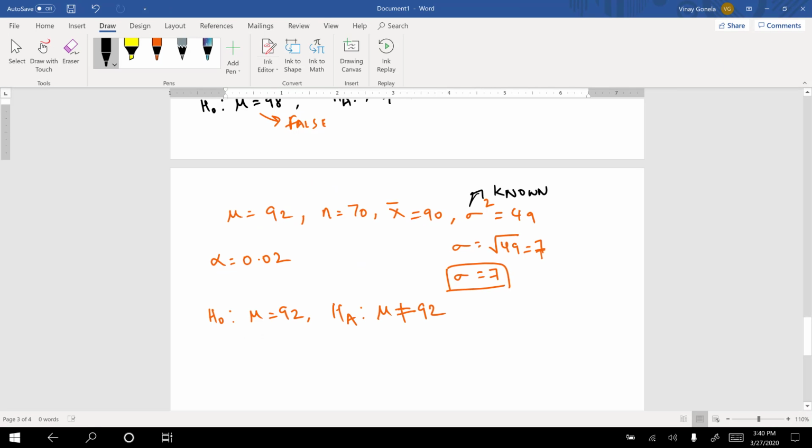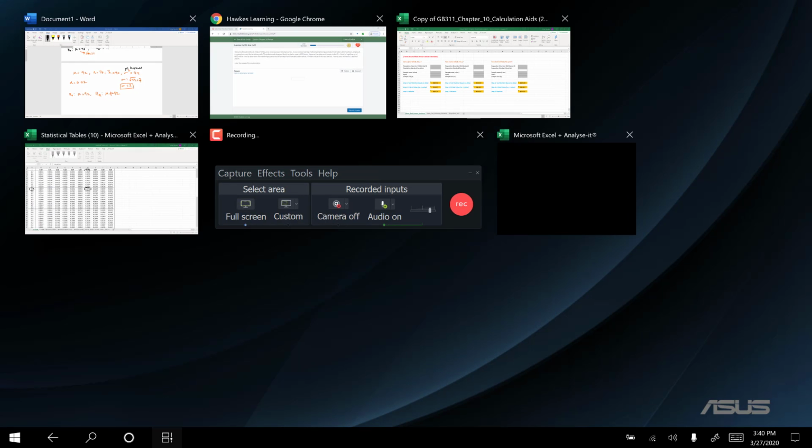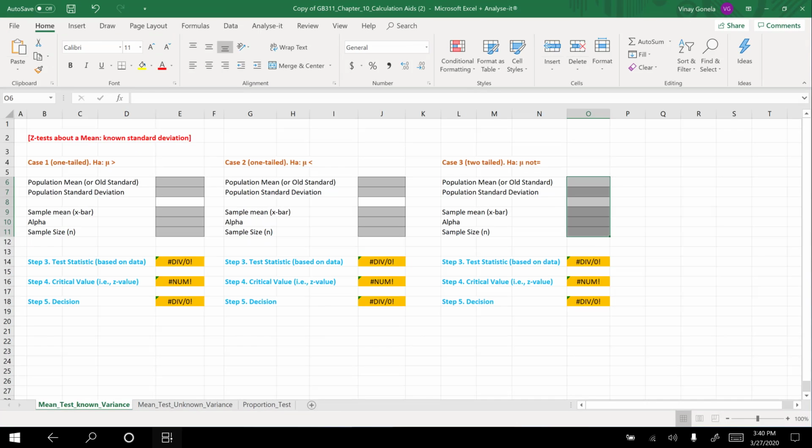Your population mean is 92, so I will enter 92 for the population mean.